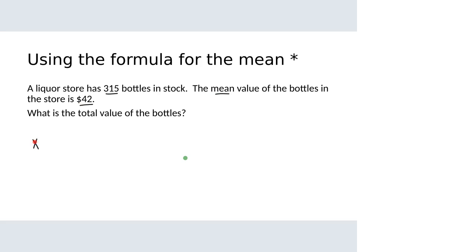Knowing that the mean is equal to the sum over the number of data points, I can plug those in to my formula for the mean. Here I was told the mean is $42. And the total value, the sum, that's what I'm looking for. And the number, well, there are 315 of them.